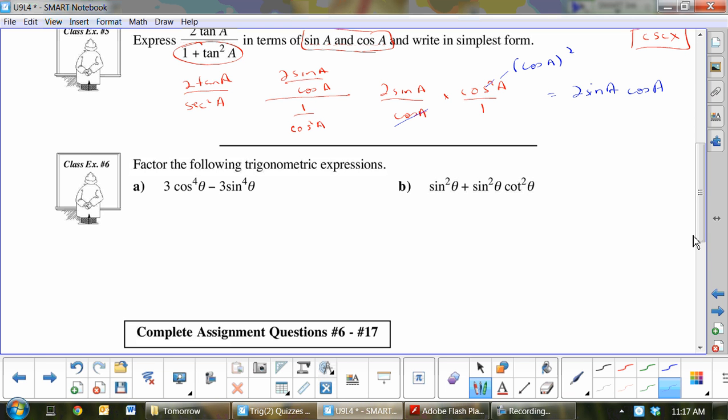Now, anything we can factor in A, take out a 3. Okay, anything else I can factor in there?